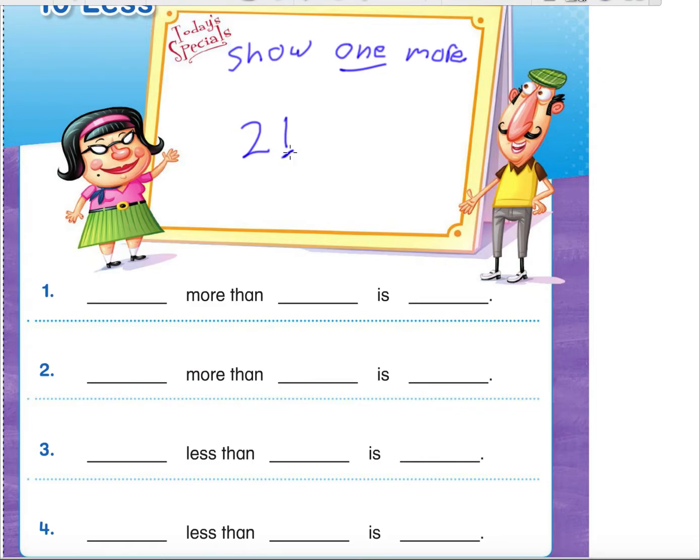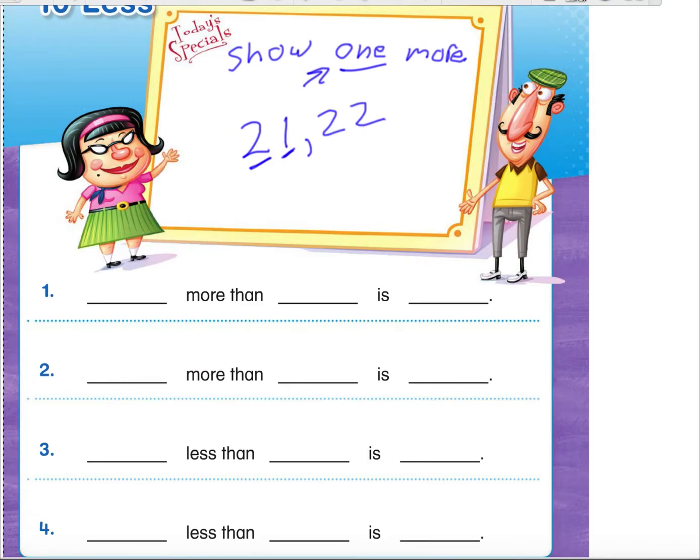Is it the ones house or the tens house? It's going to be the ones house because I'm saying just one more. So we would say the next number would be 22.